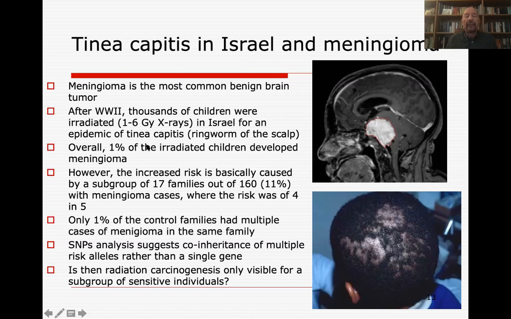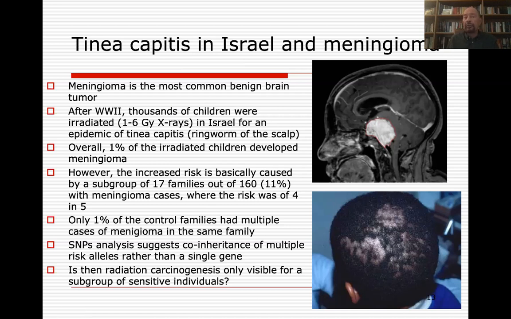And after World War II, there were thousands of children going to Israel, to be precise, and they were irradiated with fairly high doses, like 1 to 6 gray of X-rays, to get rid of the tinea capitis. Sure enough, you had an increase in meningioma.